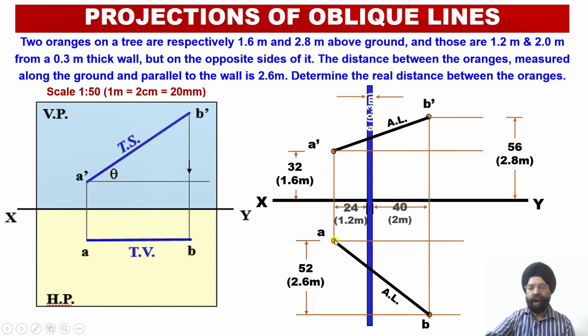So here we have got the apparent length projection of an oblique line which happens to be inclined to the vertical plane. So now we are going to rotate this apparent length with respect to this point A over here.